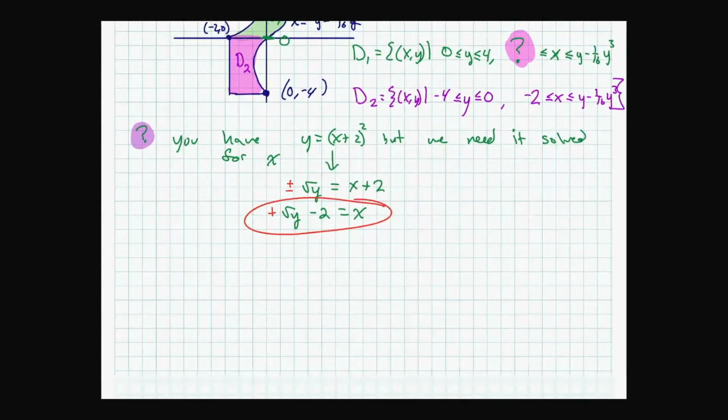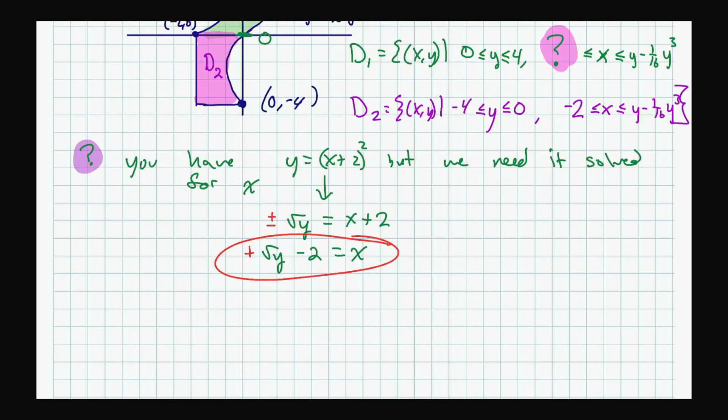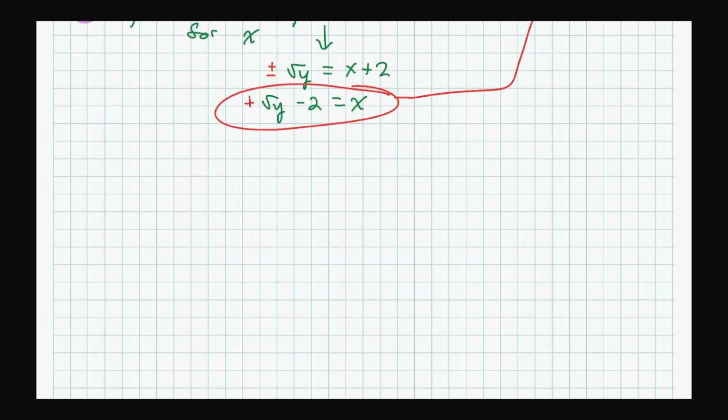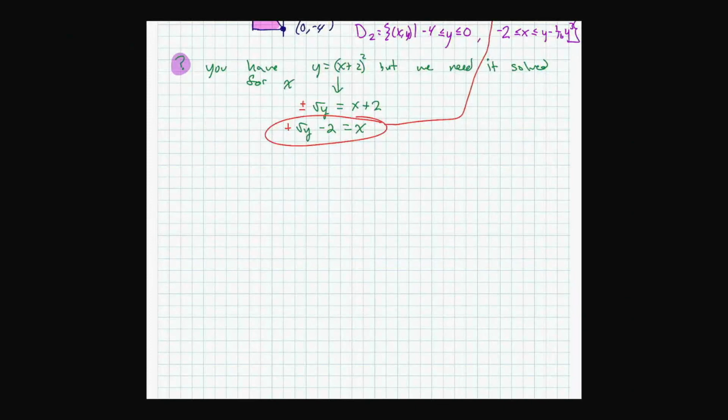So once you know that, that's that. So now we can finally set up our integral. So our integral is actually going to be the double integral over D of the function, which we did have, right? It was 2x plus 5y dA.